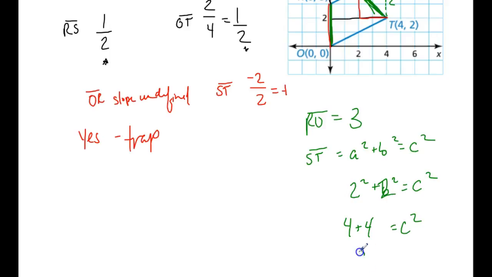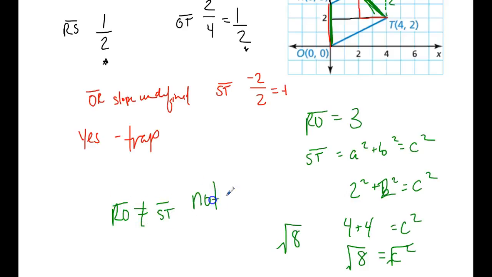To get c by itself, I've got 8 equals c squared, and then I take the square root of both sides, square root of 8. This is not something that I know, but I also see that it is not the same thing as 3. So I know that RQ is not the same distance as ST, so it is not an isosceles trapezoid. It is a trapezoid, but it's not isosceles.